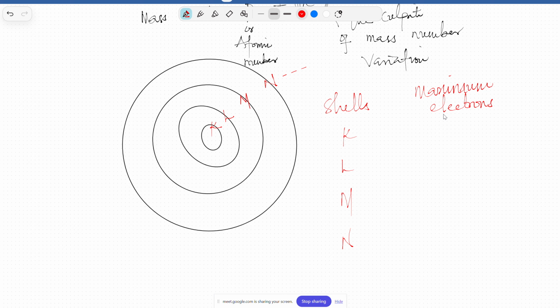And for each shell, you need to know that it has a certain integer number, which is something we are going to call the principal quantum number.